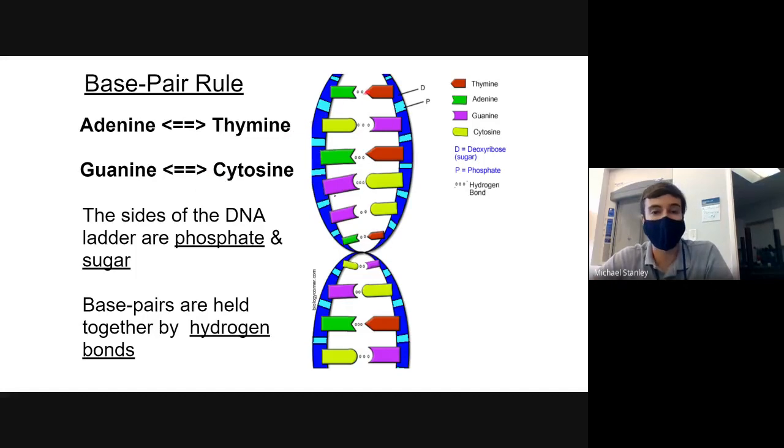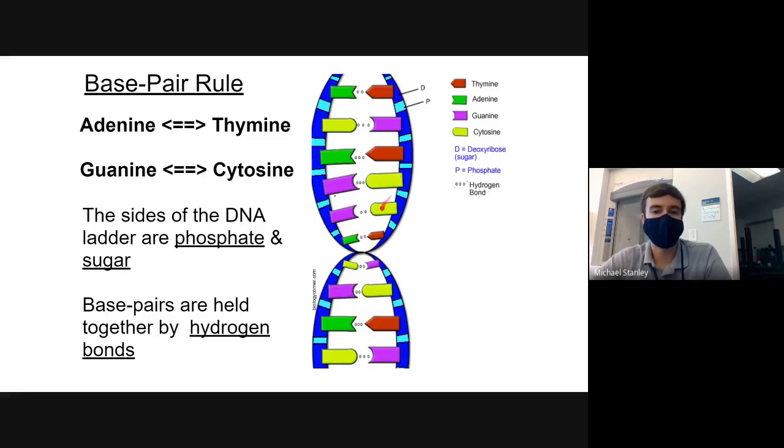So on our little picture over here, we have an adenine on one side, which means we have a thymine on the other side. T on one side, A on the other. If we have a C on one side, we have to have a G on the other side. If we have a G on one side, we have to have a C on the other side.